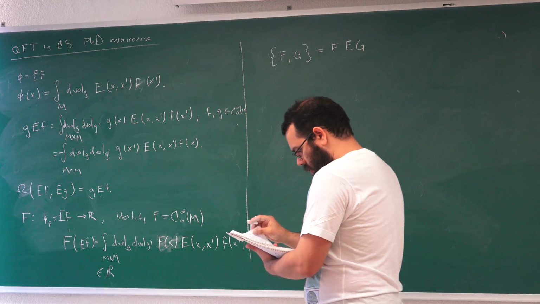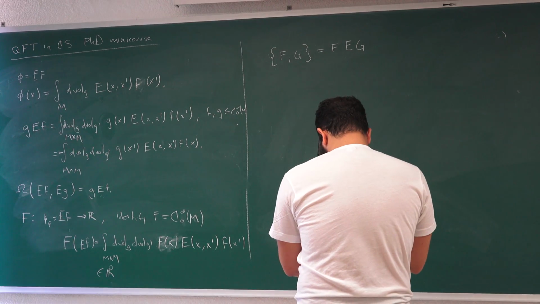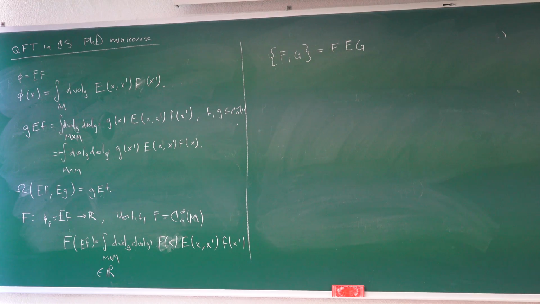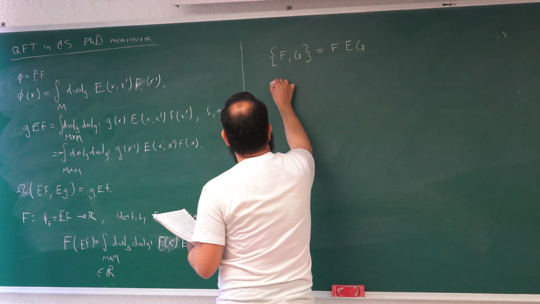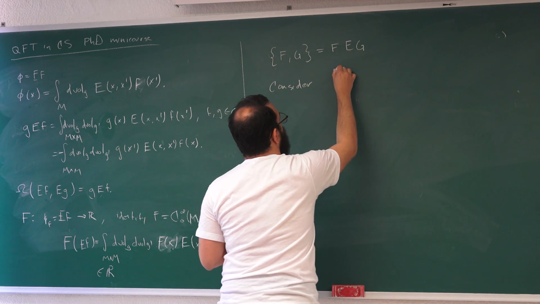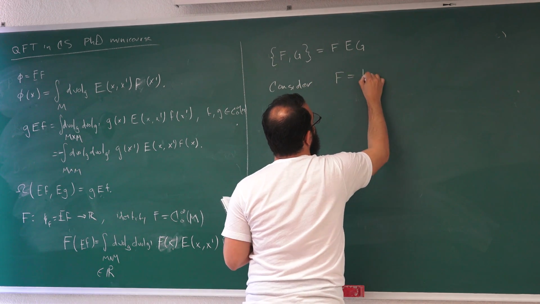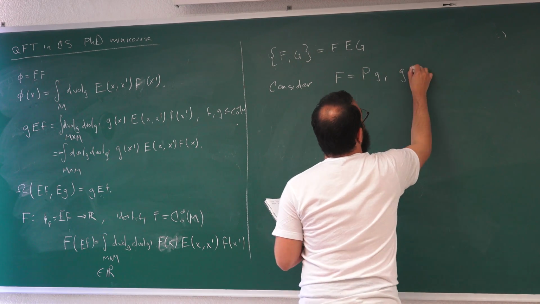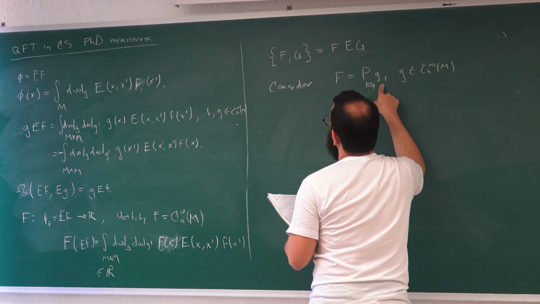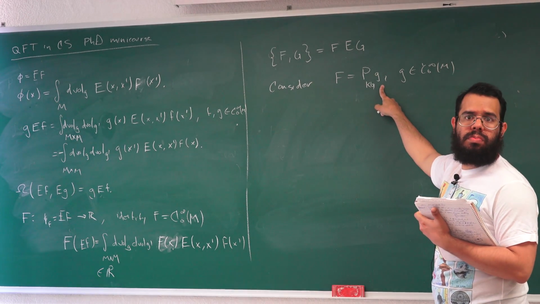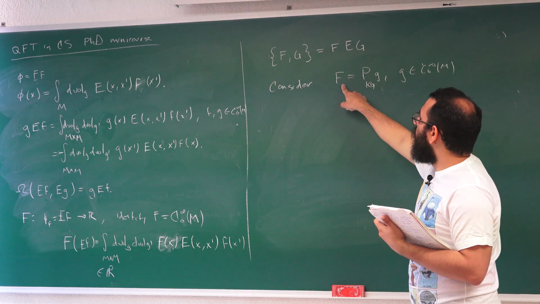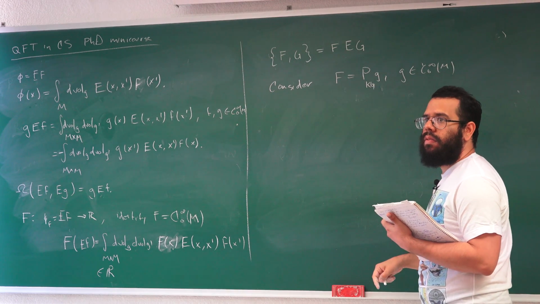There's one problem though, and the problem is that it is a degenerate Poisson bracket. Namely, consider the following smooth function of compact support: f equals P g, where g is in C_c^infinity. This is the Klein-Gordon operator acting on a smooth function of compact support, so it's a smooth function of compact support. And this is in the space of observables because I can map from here to here.